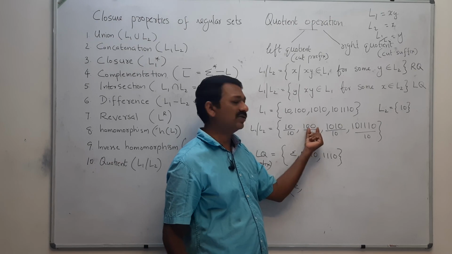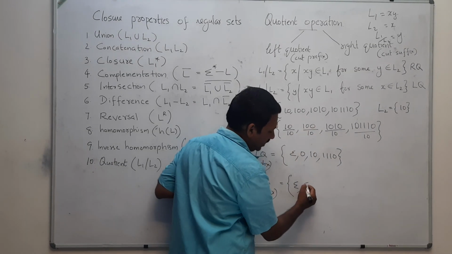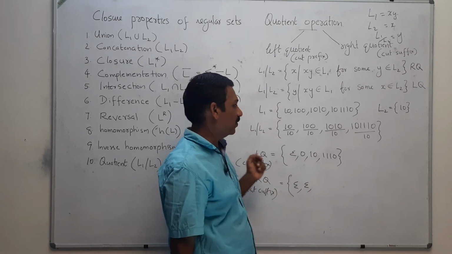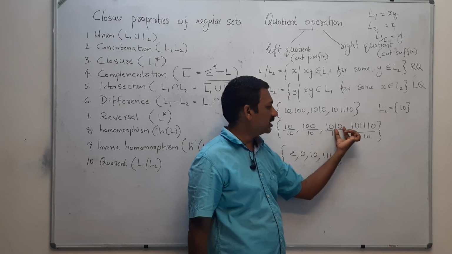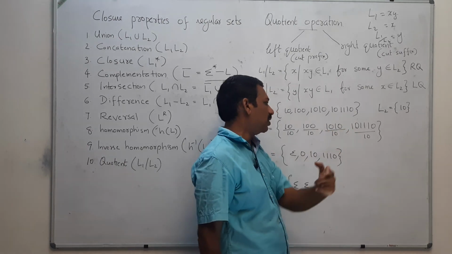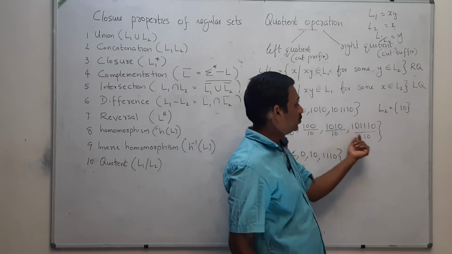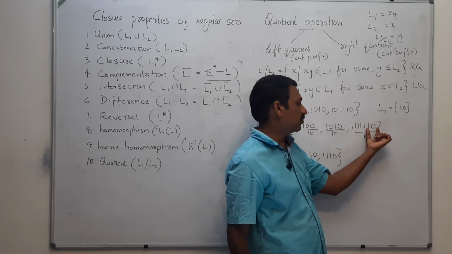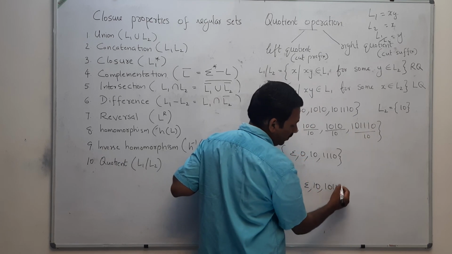We don't have any 10 on the right as suffix, so again the quotient is epsilon. For the next 10 by 10, 10 is there as a suffix, so you cut it and what remains is 10. And here also you have the suffix 10. What remains is 1011.